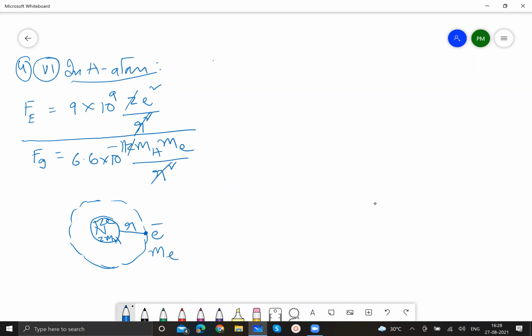So I get Fe by Fg as 9 into 10 to the power of 9 by 6.67 into 10 to the power of minus 11, into E square by 1837 Me square, because MH is 1840 or 1837 times the mass of electron.